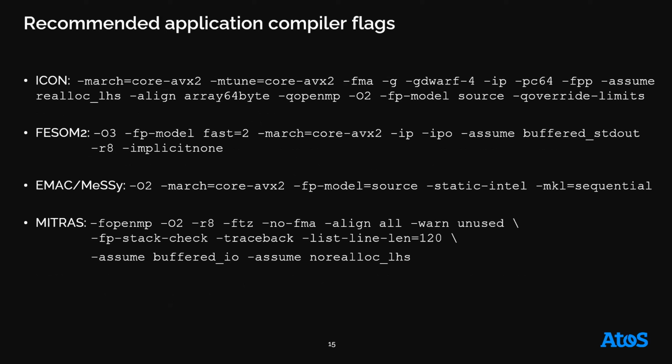Here I have some recommended application compiler flags for the applications that were also in the benchmark suite. I will not go through every single flag. You can look this up later in the video or in the PDF that will be posted.